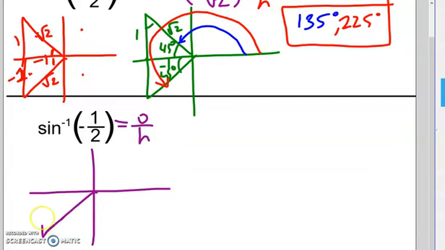So these are my two possible triangles, here and here. For opposite, we have -1, -1, and then the hypotenuse is 2. You can always use the Pythagorean theorem to find this side, but this is the square root of 3 and square root of 3.